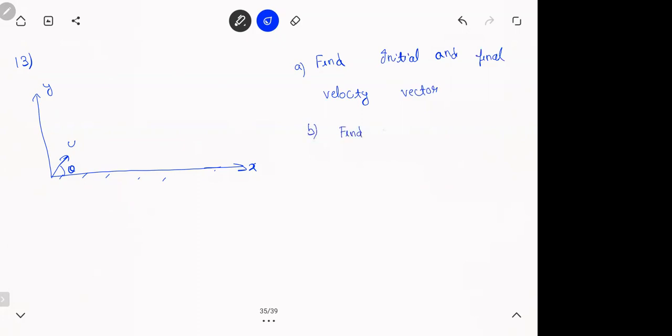You can choose this as the x-axis and this as the y-axis. The question is: find the initial velocity and final velocity vector. When I say velocity vector, I'm asking for the i cap, j cap components. Second thing, find the average acceleration and average velocity.